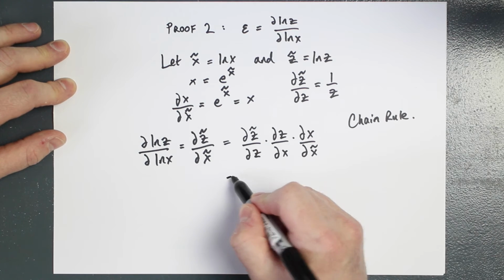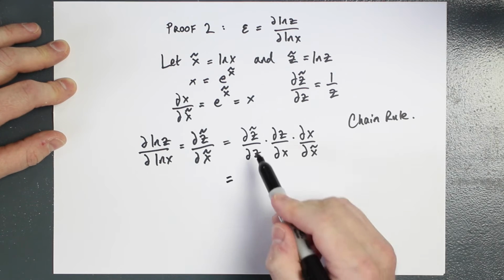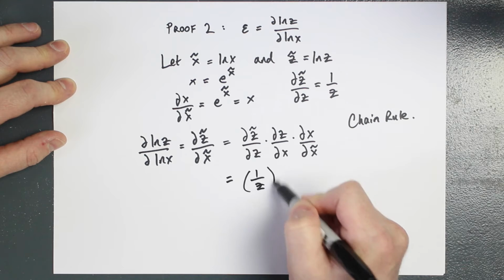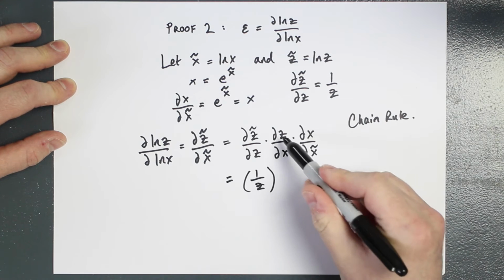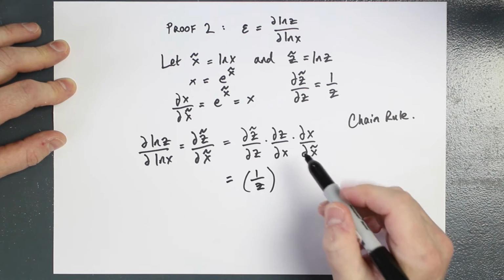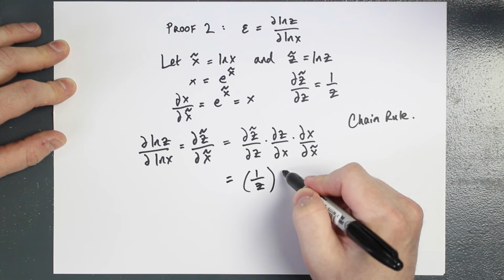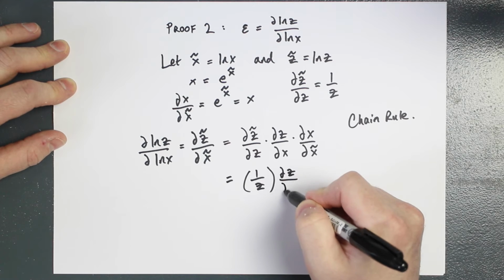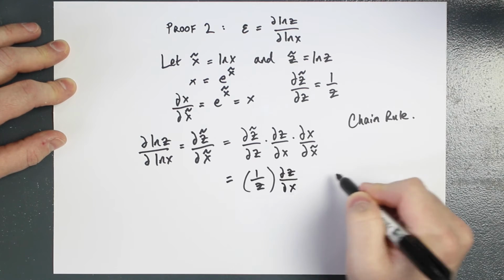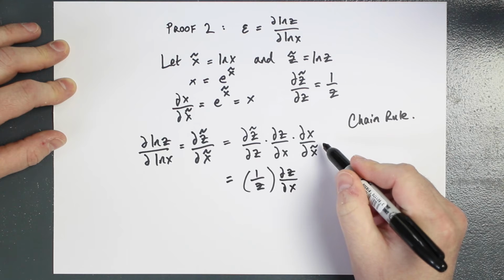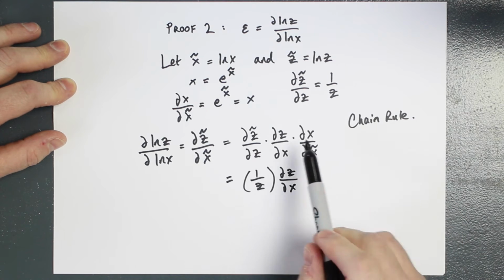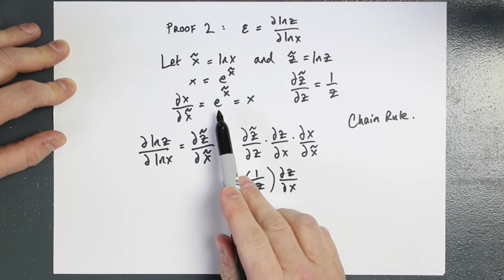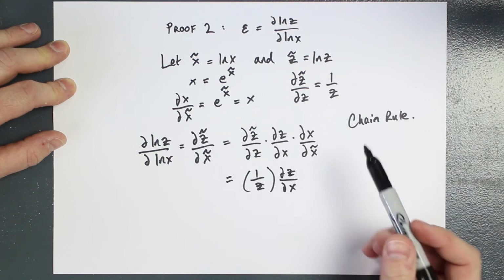Okay, so what do we know about these? Well, we've already established that this first term is simply 1 over z. This partial derivative here we'll just leave alone, so we'll leave that as the partial derivative of z with respect to x. What about this last term? We already know that the partial derivative of x with respect to x tilde is e to the x tilde, which equals x.